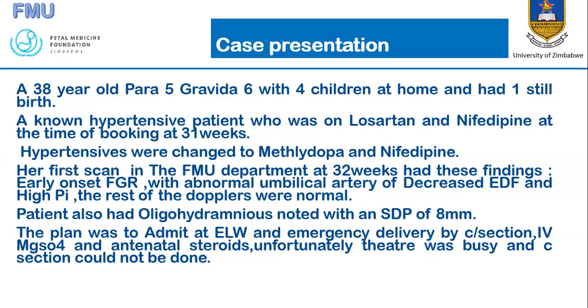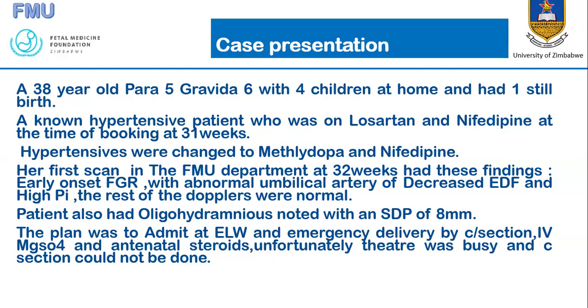In addition, this patient had oligohydramnios, with a single deepest pool of 8 millimeters. I'm just basing this on assumption that the fetal anatomy could not be performed well due to the reduced liquor volume.